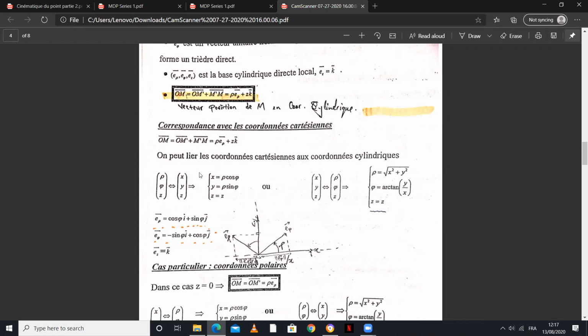Okay, so we have x égale rho cos phi, y égale rho sinus phi, z égale z. But what we are looking for now are these three, rho, phi, and z. So we have the formula for rho égale racine de x carré plus y carré, et on a phi égale arc tangent de y sur x, and z ne change pas, c'est toujours la même chose.